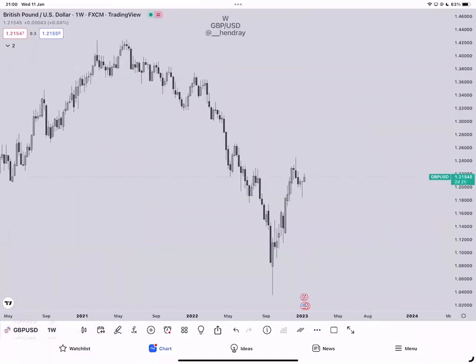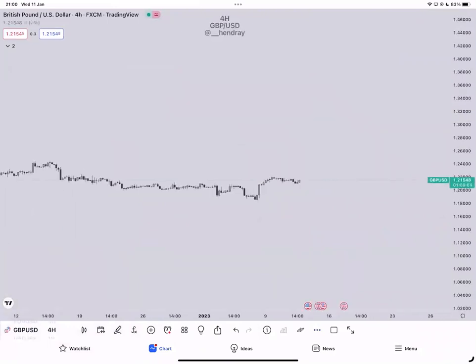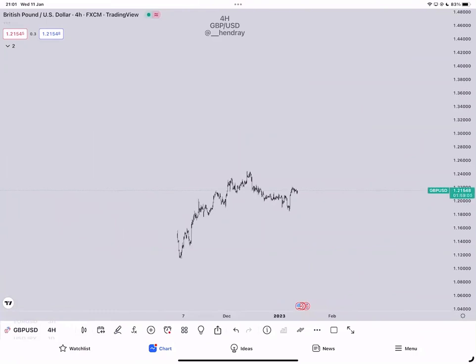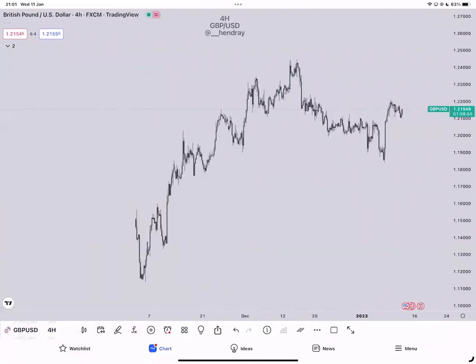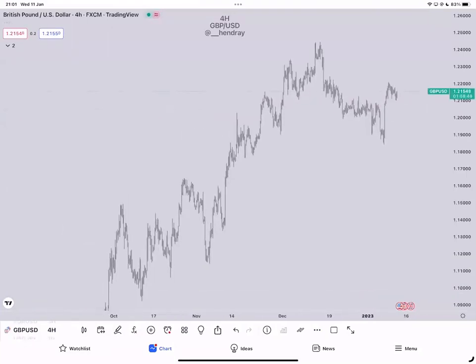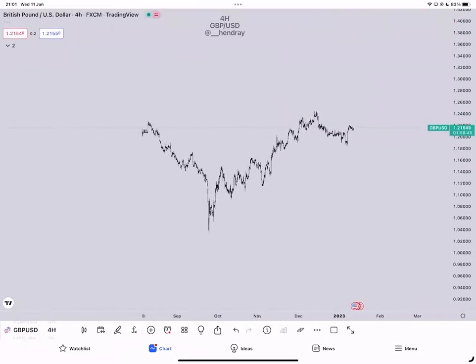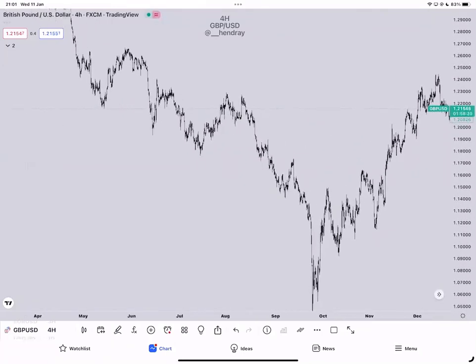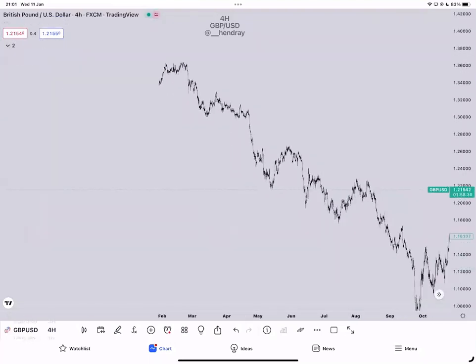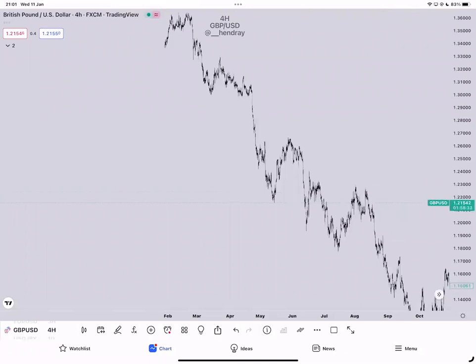Okay, so let me go to maybe a lower time frame. I'm trying to see if we can have a simpler scenario for you guys.